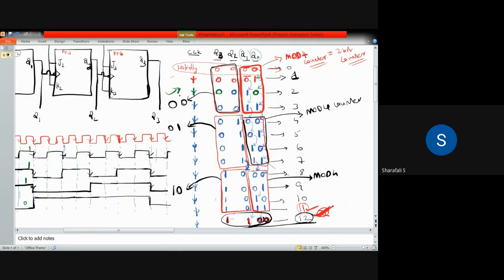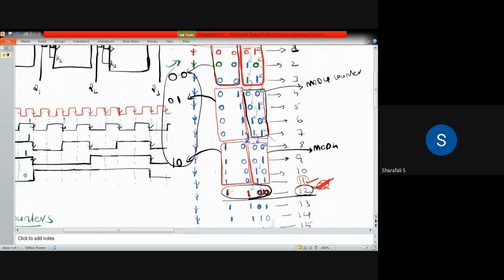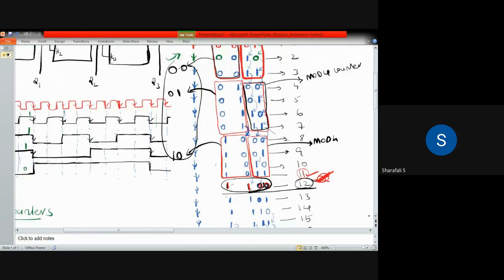So what is this? 0, 0, 0, 1, 1, 0. Again, if you look here, we are getting 1, 1, right? But in the case of mode 3, we have to get 0, 0. In the next case, we have to get 0, 0.